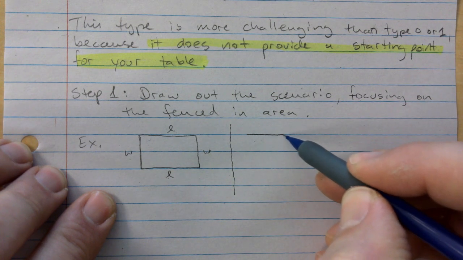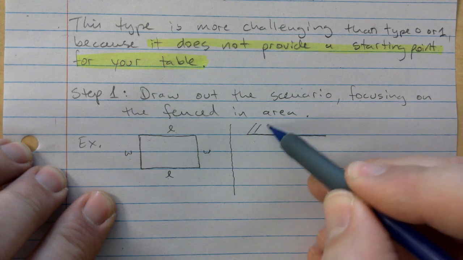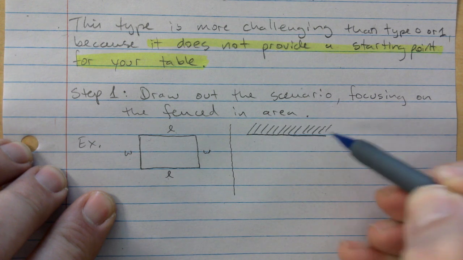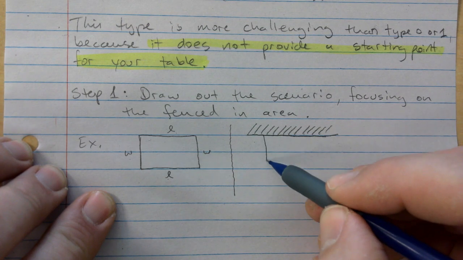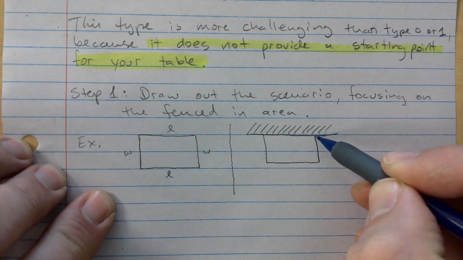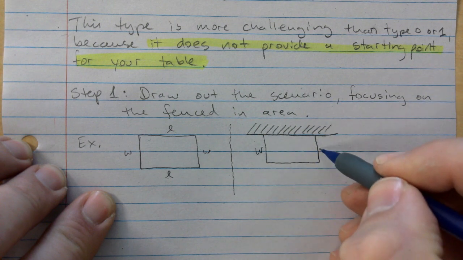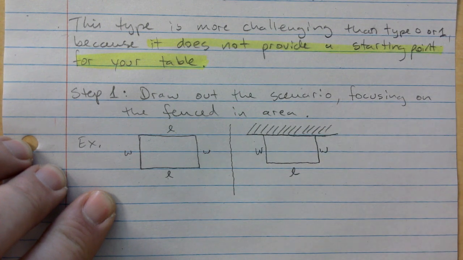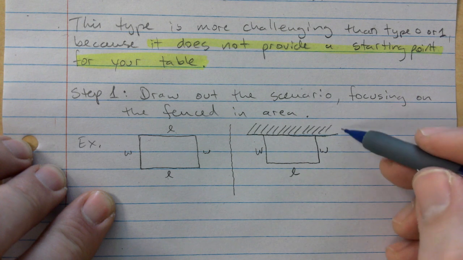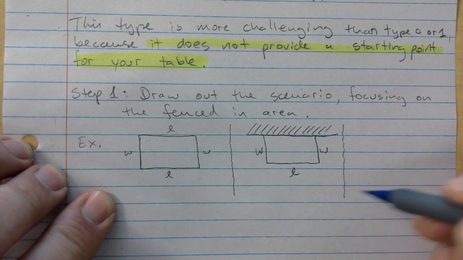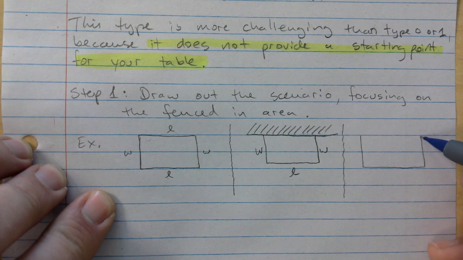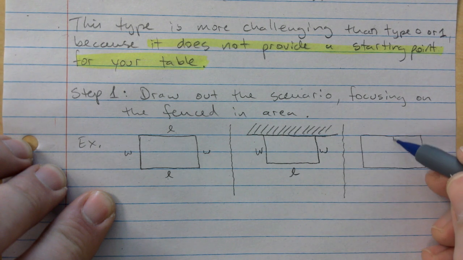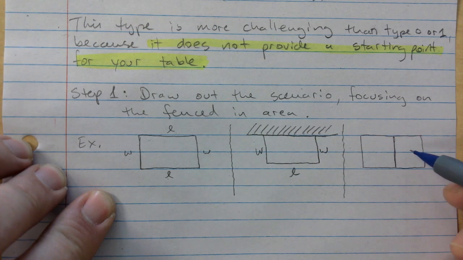We'll give you a couple more here. So let's say you have a structure or a river or something running alongside one side. So then you technically only need two widths and one length like that. Or you're trying to make enclosures where you're splitting it in half like this and then have two sections that are enclosed.